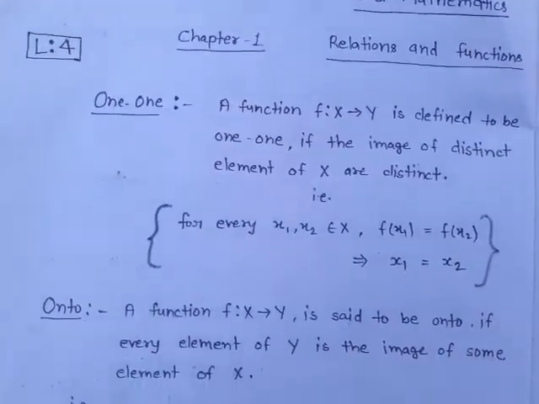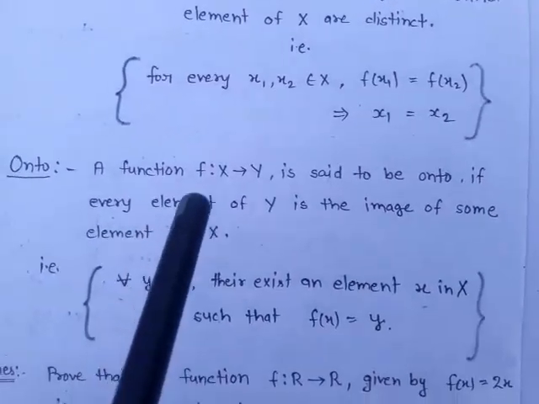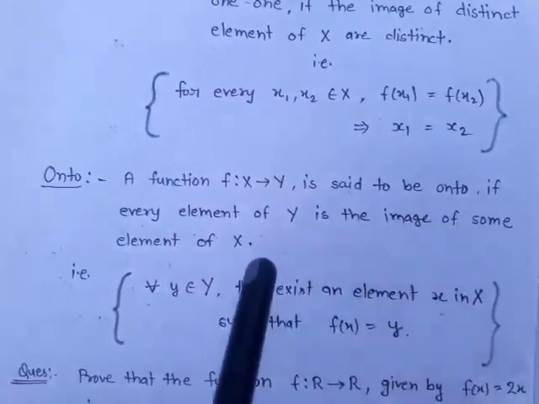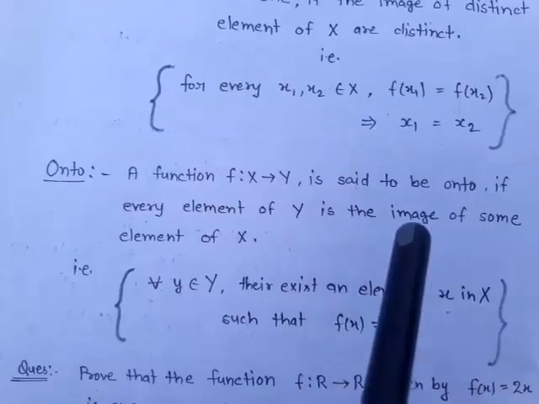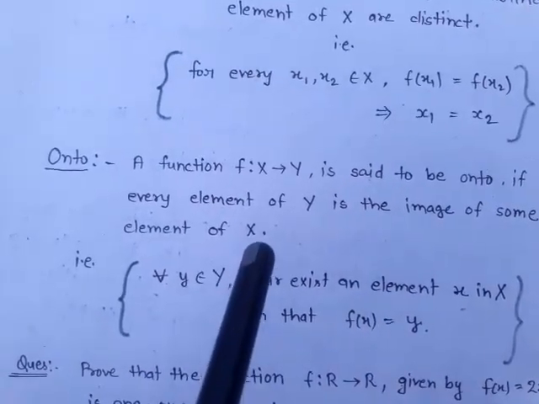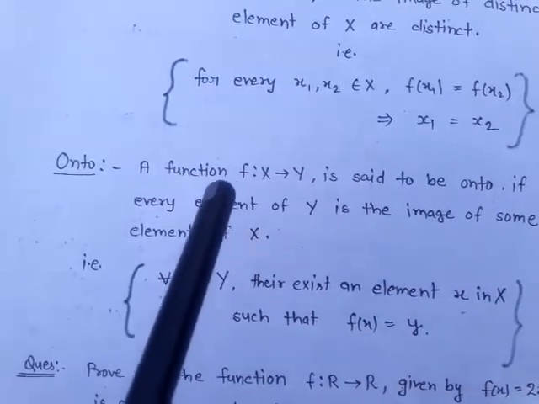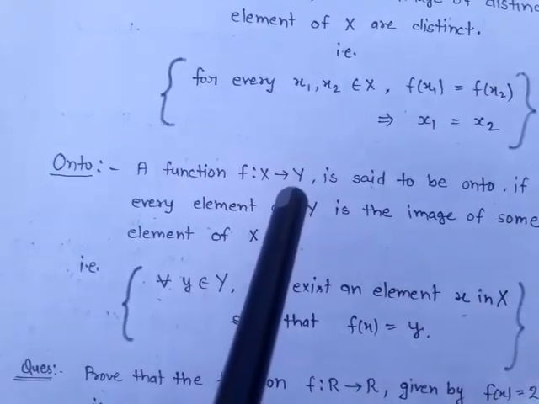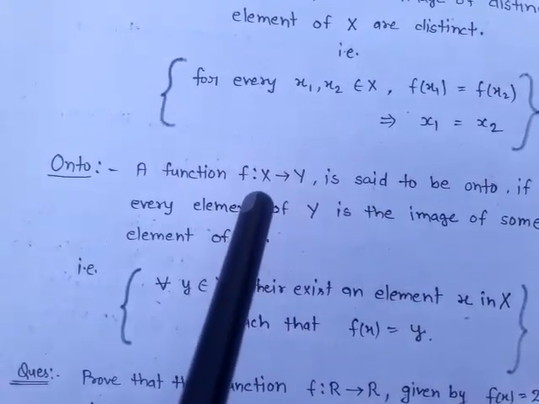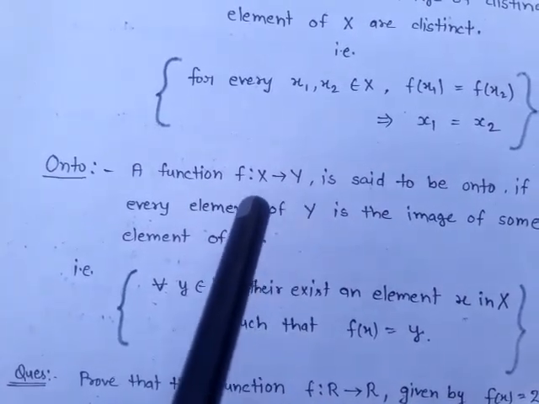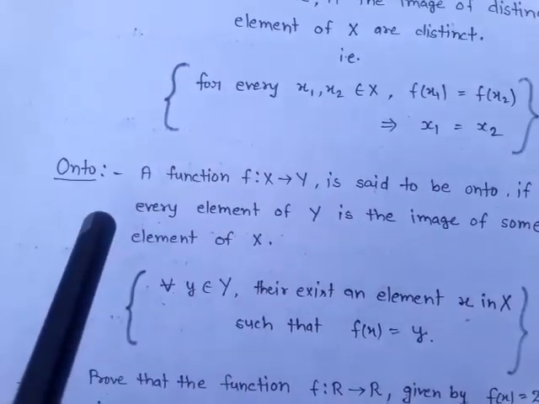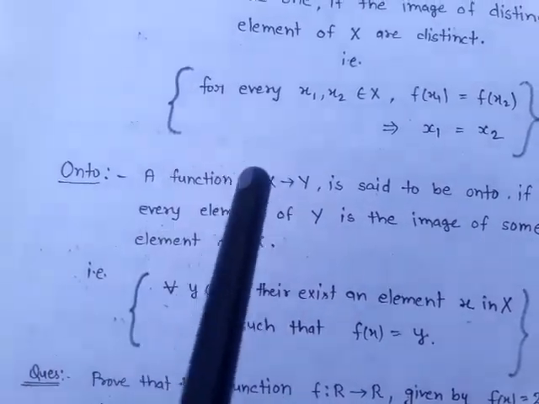Now what is onto? A function f: X → Y is said to be onto if every element of Y is the image of some element of X. This is the format of onto.